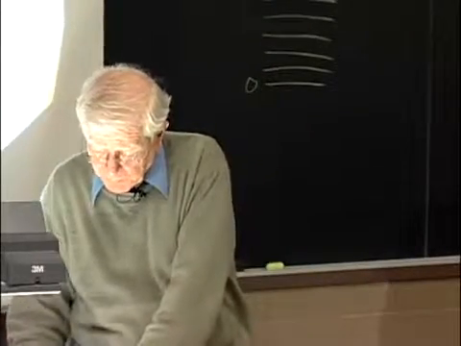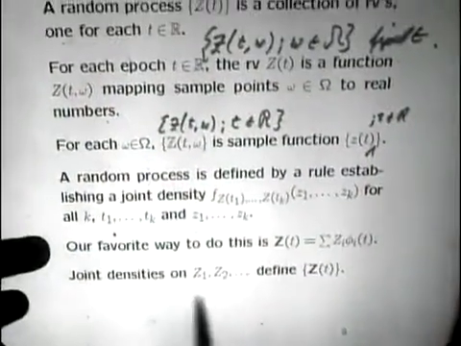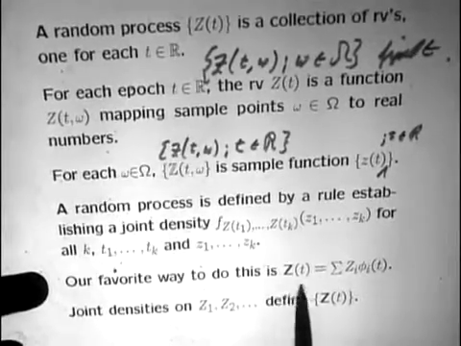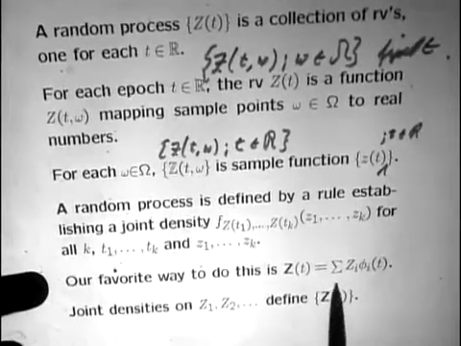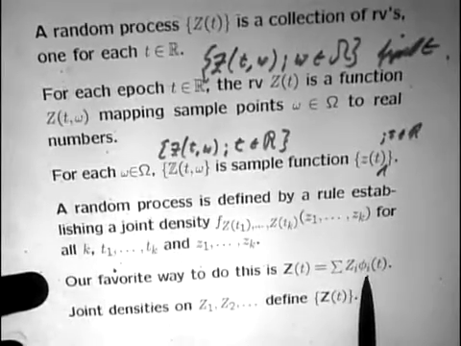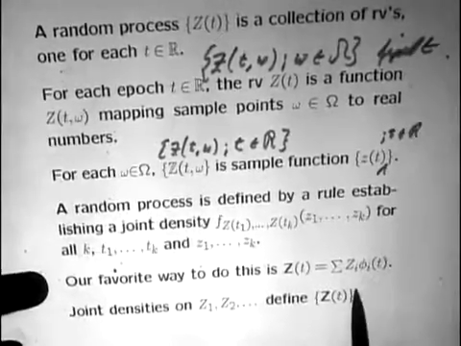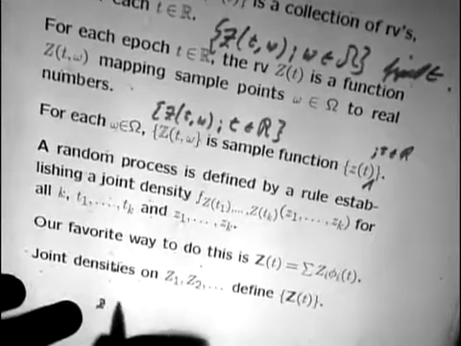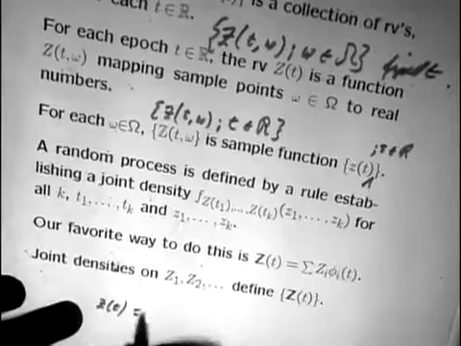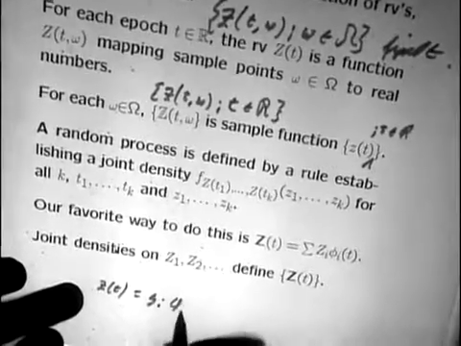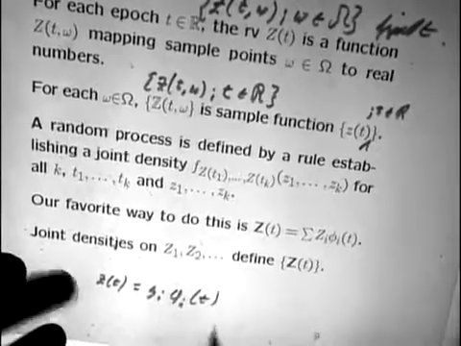Okay, the favorite way we're going to generate this kind of rule is to think of the random process as being a sum of random variables multiplied by orthonormal functions. In other words, we will have sample values in time, z of t, which are equal to the sum of z sub i, phi sub i of t.